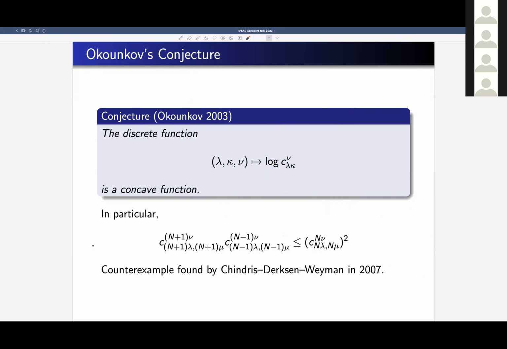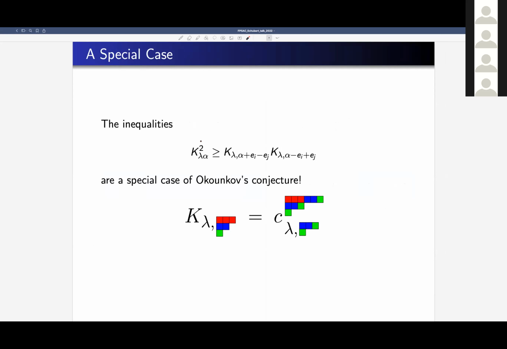And then there was this conjecture of Okounkov from the early 2000s about discrete log concavity of the function, which soon after its publishing got a counterexample. But what I want to note here is that this inequality on the unimodality of the Kostka numbers is actually a special case in which Okounkov's conjecture holds, because the Kostka numbers can be seen as certain Littlewood-Richardson numbers.